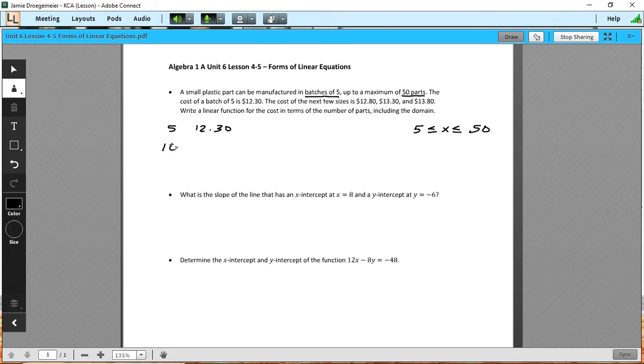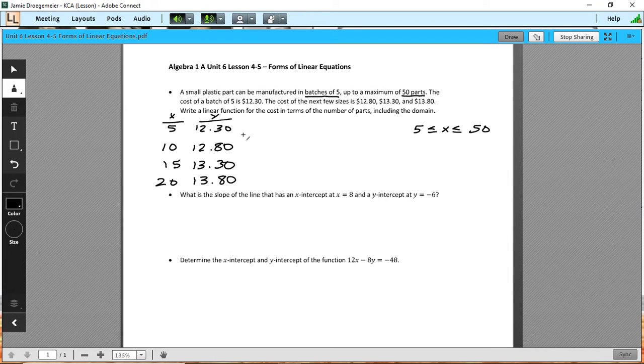So the next batch would be 10, and it costs $12.80. Our next one would be at 15. It costs $13.30. So these are our x values here. These are our y values. And then the last one they gave us, when we make 20, it costs $13.80.